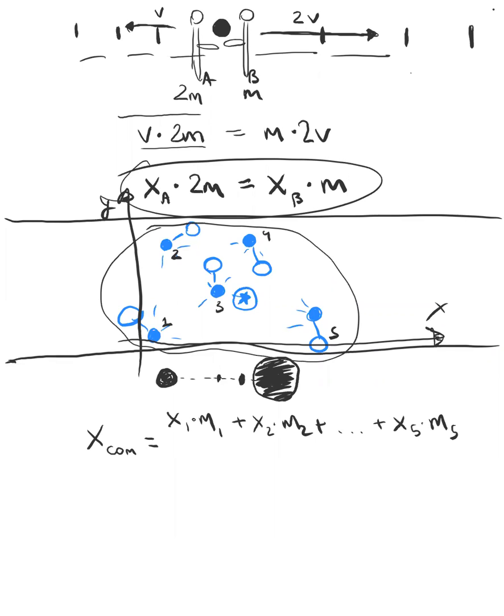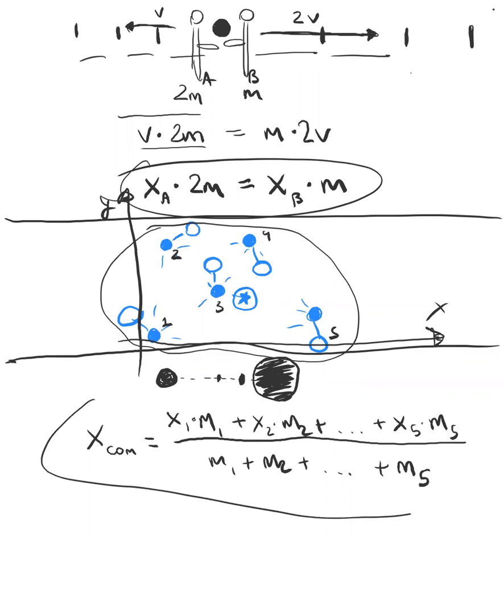So what we're doing is adding the x components and weighting them by mass. Whichever point has more mass will have more say in where the center of mass is. Then we divide this by the total mass, which is m1 plus m2 plus, and so on, plus m5.